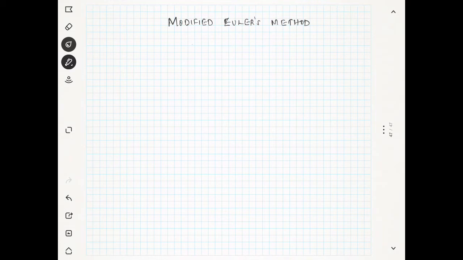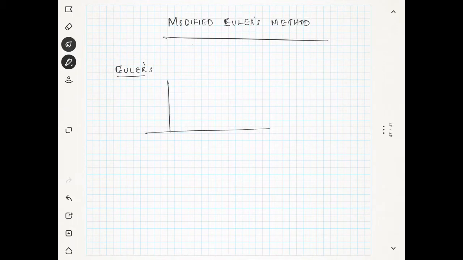So before that, in Euler's method, you know how we are getting the solution. Suppose we have an initial value at some point, x naught, with the value y naught.